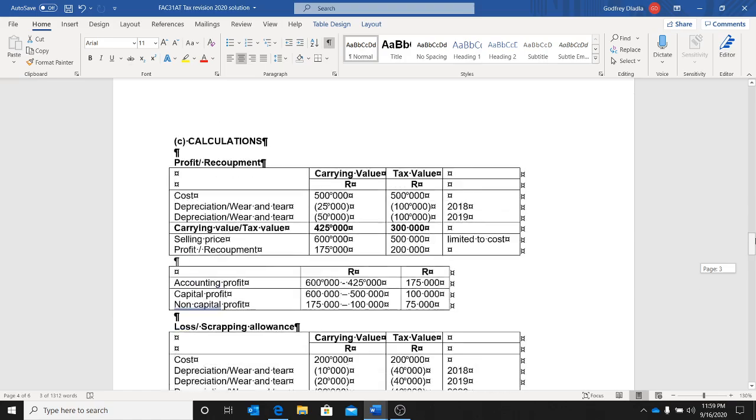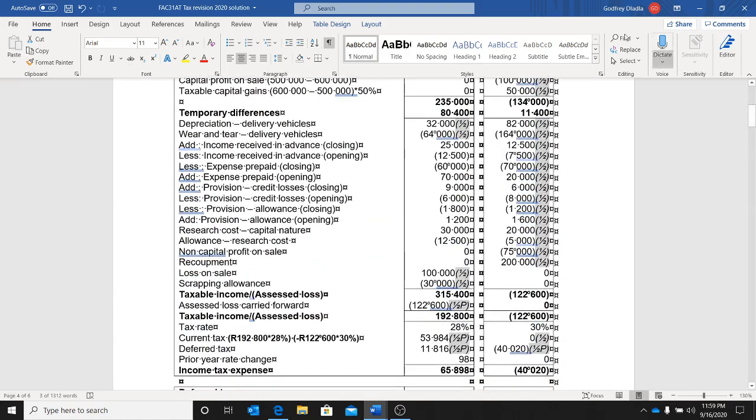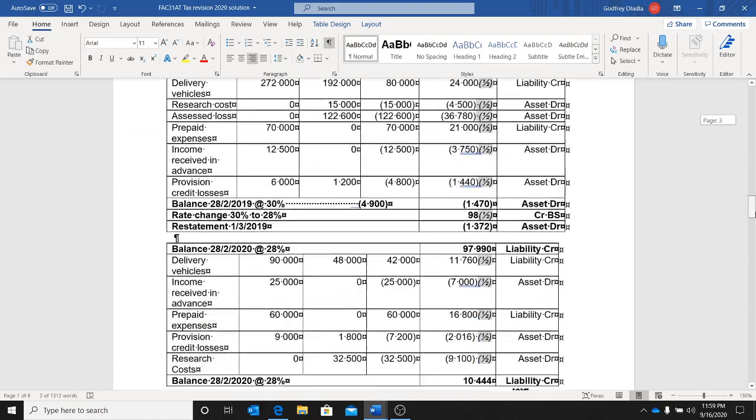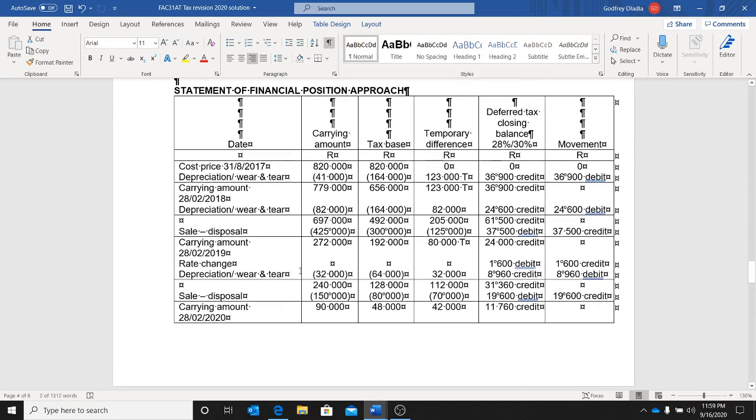Now what we need to do is vouch these things. Like I've shown you, the 82 and the 32 are in different years, and then we've got the 164 here and the 64 here. All those figures come from this calculation.